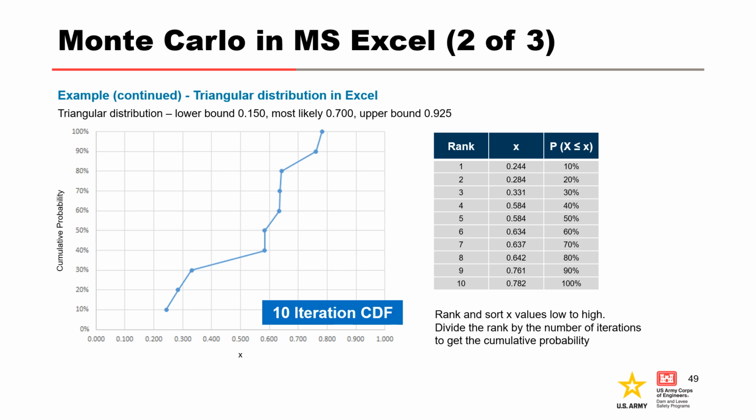In this example, we only did 10 iterations, which is woefully inadequate. We would do many more in practice, but once we have all our points, all our x values, we can then use them to develop a CDF. To develop the CDF, rank and sort the values from low to high. The cumulative probability for a given x value will be its rank divided by the number of iterations, and it will give the CDF shown here.